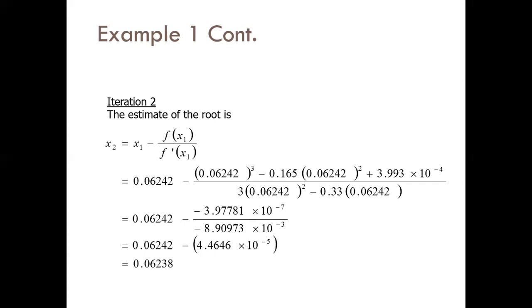Again, iteration number 2. Then find out x2, which is x1 minus f of x1 divided by f dash of x1.